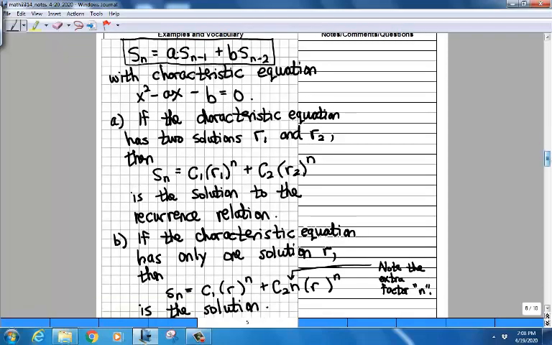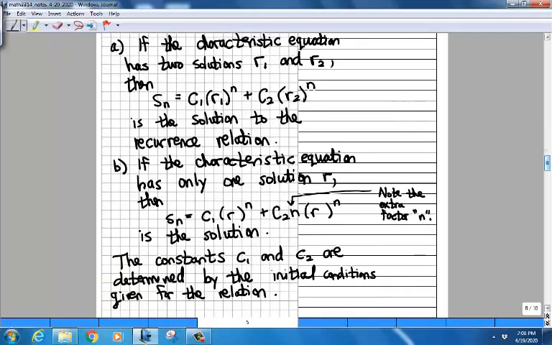All right, now it is possible, of course, that your characteristic equation will only have 1 solution. And if that's the case, then the solution to the recurrence relation is really also easy. It's going to be C1 times your 1 single solution to the nth power, plus C2 times, notice you have to throw in this factor of n, times, again, your 1 solution to the characteristic equation to the nth power.